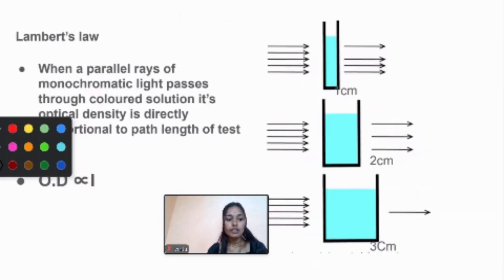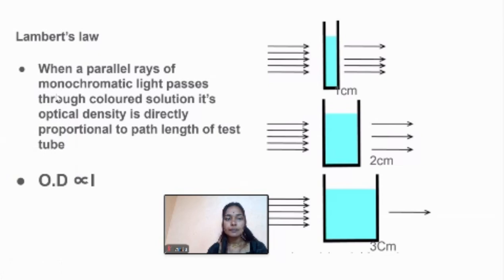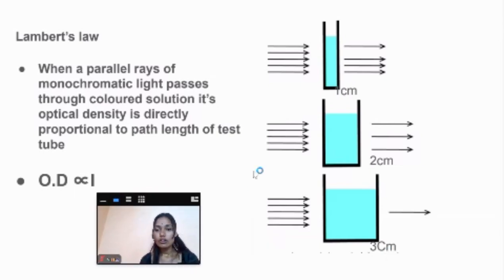Now let's understand what Lambert's law is. Here again I am considering three test tubes of different diameter. The first is 1 centimeter, the second is 2 centimeter, and the third is 3 centimeter. As I already said, I am taking copper sulfate solution.